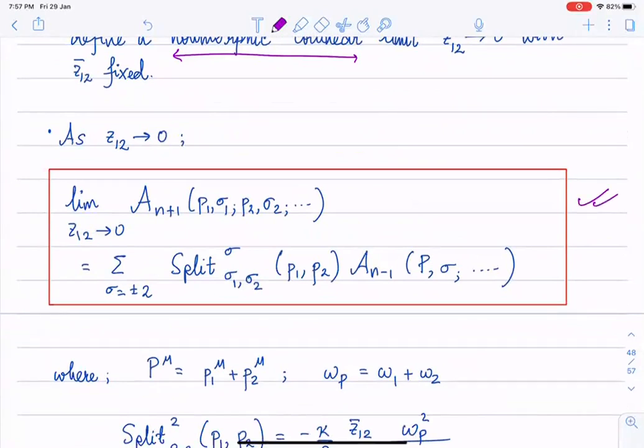An n+1 point amplitude breaks up into an n-point amplitude, and there is some overall prefactor. This overall prefactor is what is known as the splitting function, and it turns out to be a universal object, in the sense that even if you add loop corrections, the form of this object does not change.